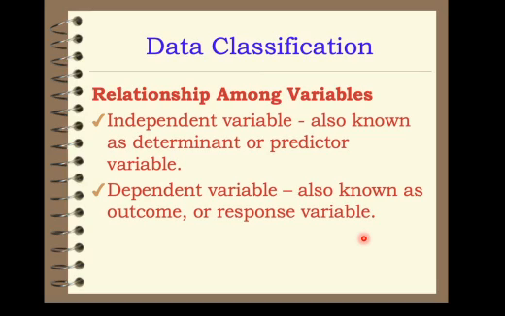Now, let's talk of relationship among variables. In the relationship between variables, we have the independent variable, that's also known as the determinant or the predictor variable, and a dependent variable, that's also known as the outcome or the response variable.